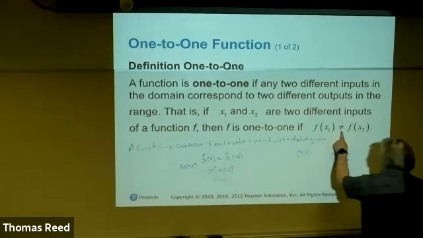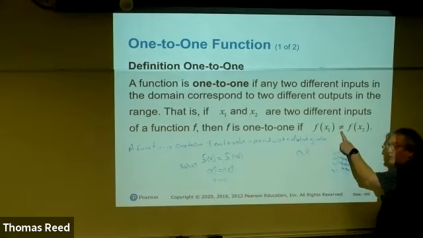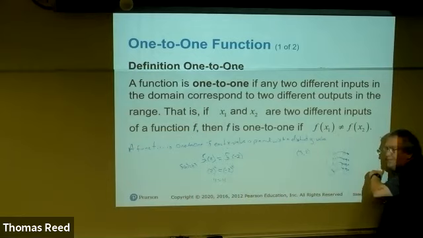That is what this is saying can't happen for it to be one-to-one. So x squared is not a one-to-one function, because I have 2 different x values going to the same y value.